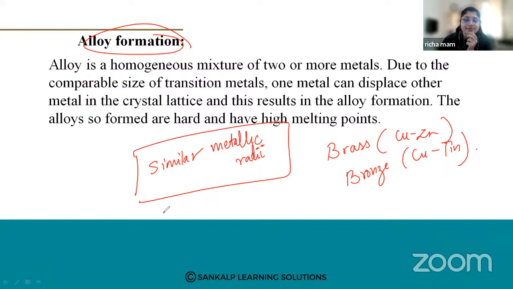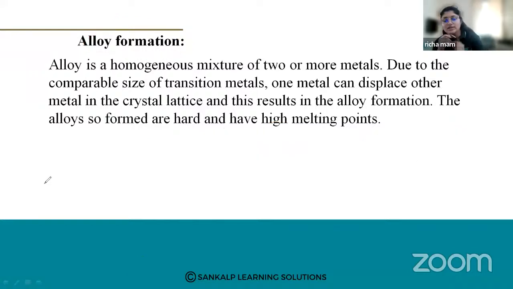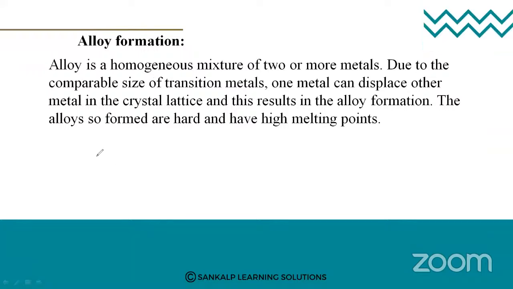Is it clear? So these are some of the important general properties of the d block elements. We have seen electronic configuration, then ionization enthalpy, oxidation state, magnetic property, and how to calculate the magnetic moment.